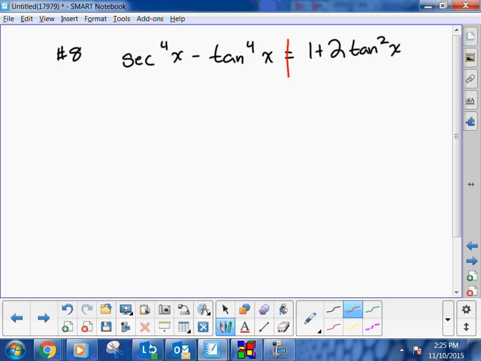Now, I want you to look at the trig functions. Get your trig identity sheet. If you don't have it out, please bring it out. Look at your trig identity sheet and see if you can find something that resembles what we have up there.